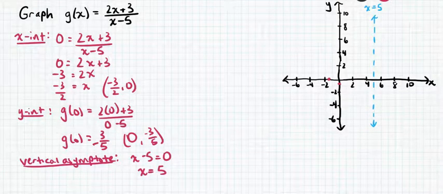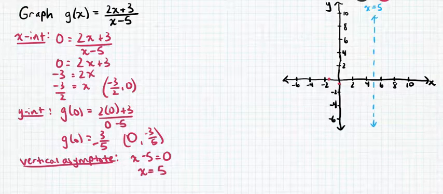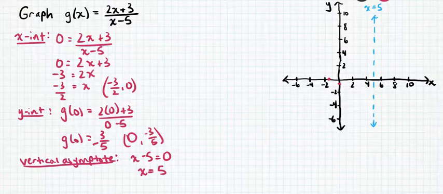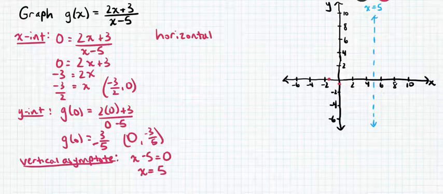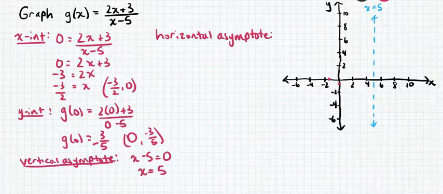Okay. We can find the horizontal asymptote by substituting in extreme positive and extreme negative values of x. And if we do that, we end up with a horizontal asymptote of y equals 2.